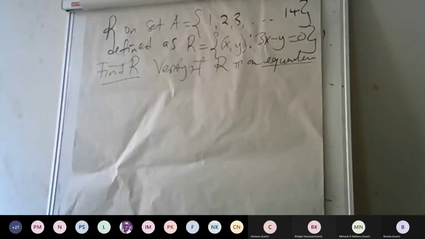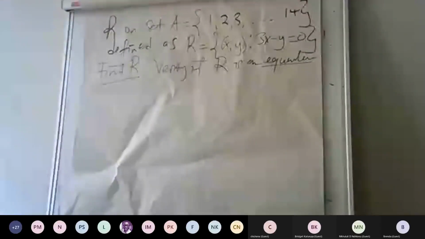So you are given a condition on how you come up with your R. R consists of xy provided that they meet the condition of that equation, 3x minus y is equal to 0.